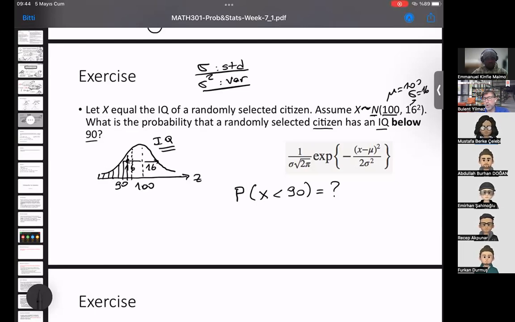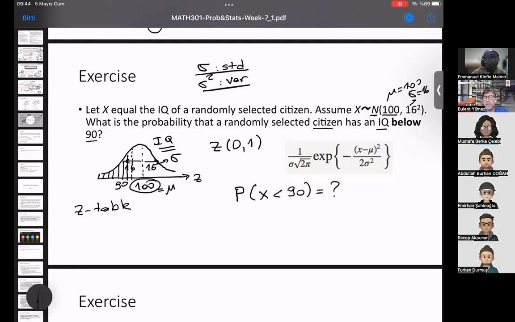How do I solve this question? First, in order to use the Z table, I need to normalize my distribution. Now my distribution has mean 100 and standard deviation 16, and I want to normalize it and make it a Z distribution, again a normal distribution with 0 mean and 1 variance.